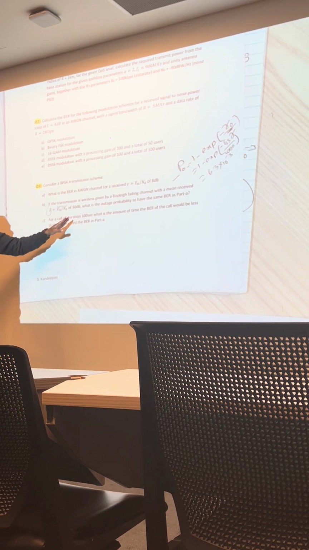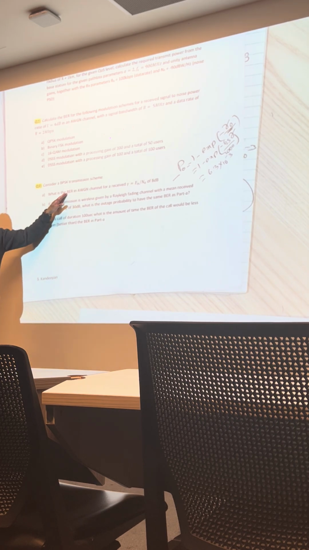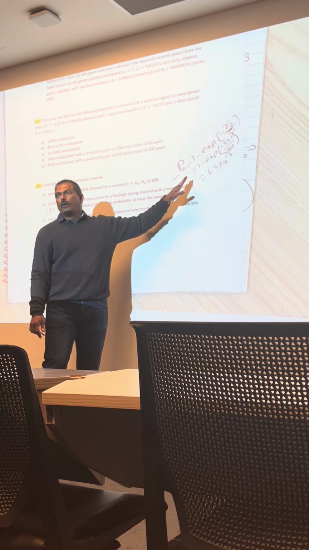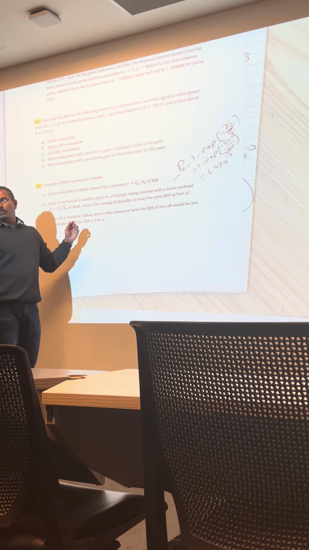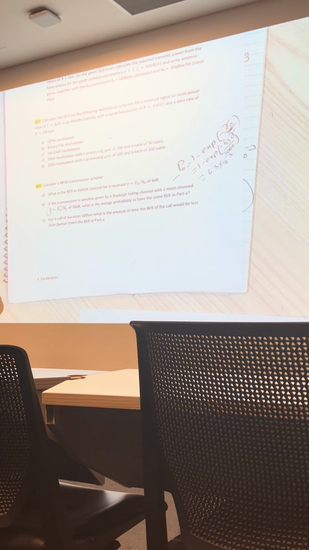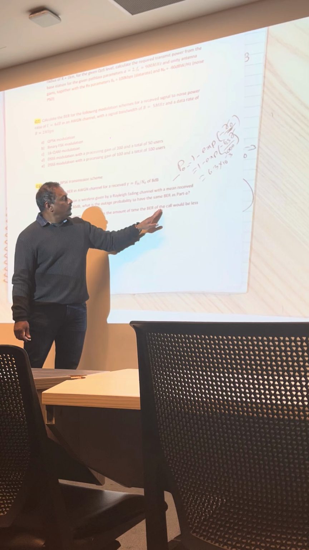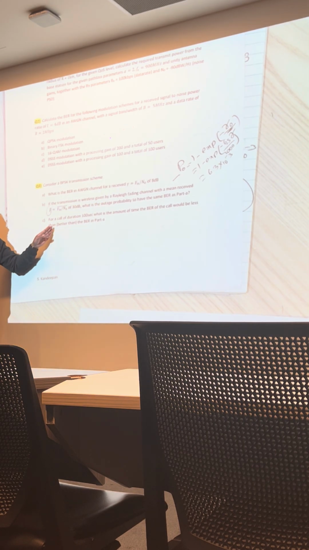So in a 100-second call, you just need to multiply 100 seconds by 1 minus the outage. 1 minus the outage is the time that your bit error probability will be less than the bit error rate in part A. In other words, your gamma would be greater than gamma 0 during this time.